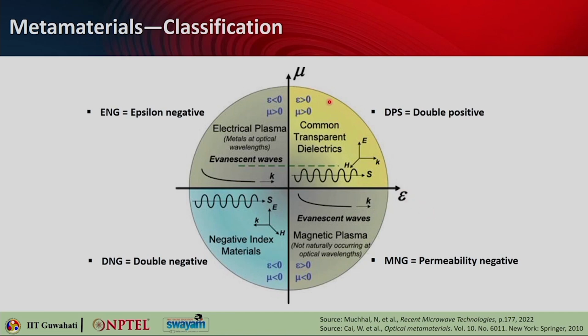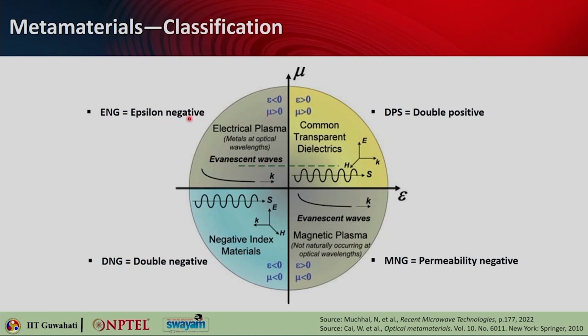Which materials fall in this category? Common transparent dielectrics fall in this category, and if you do E cross H, you will see the wave propagation happening in this particular direction. This is the energy propagation for the wave that is possible for double positive materials. Now let's move on to the second quadrant, where permittivity is negative and permeability is positive.